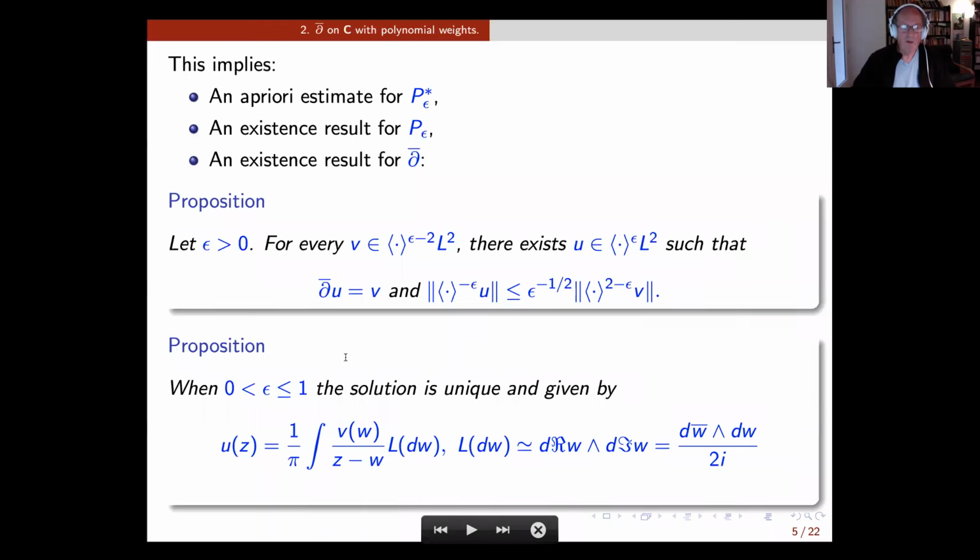And if I restrict my range of epsilon to strictly larger than 0 and less than or equal to 1, then I get a unique solution, and this solution is given by the standard formula with the classical fundamental solution of the D-bar operator. So dLW is the Lebesgue measure. And I will use that this Lebesgue measure can be viewed as a 2-form, dw-bar wedge dw over 2i.